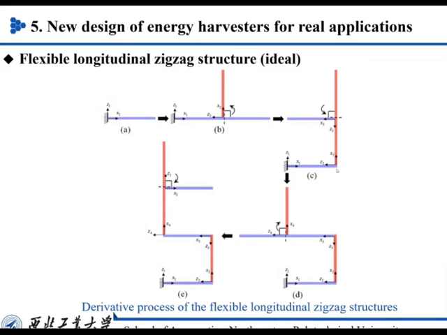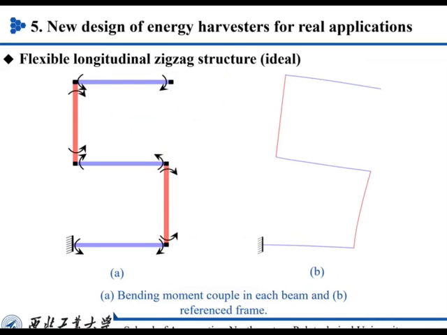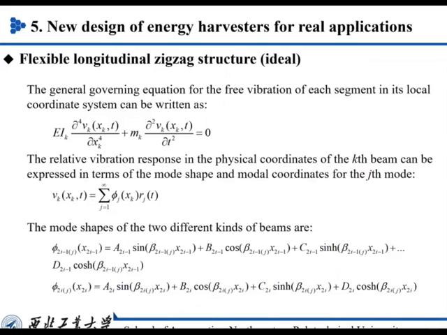Bend it again and it becomes a zigzag. This is the derivation process of the zigzag structure. This shows the assumed bending moment couple and the reference frame, and we make the very detailed governing equations.